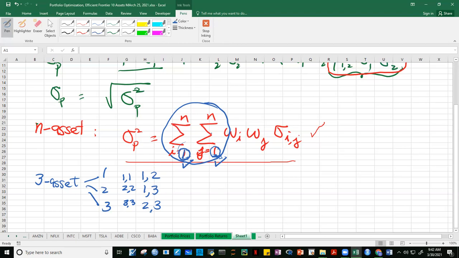We are doing a double summation. Each of these summations refers to one asset.